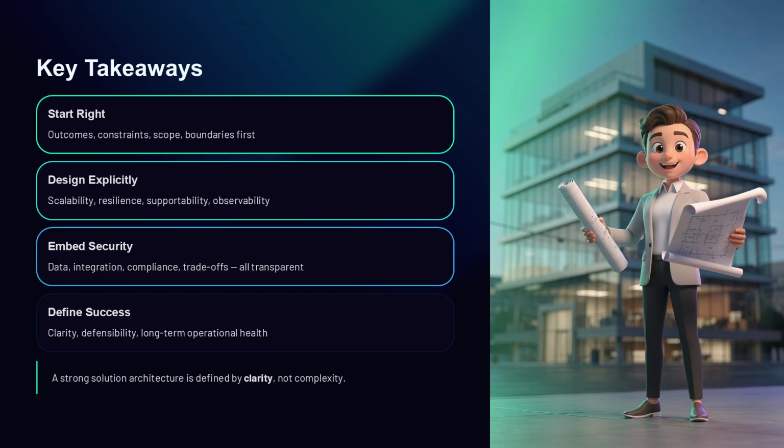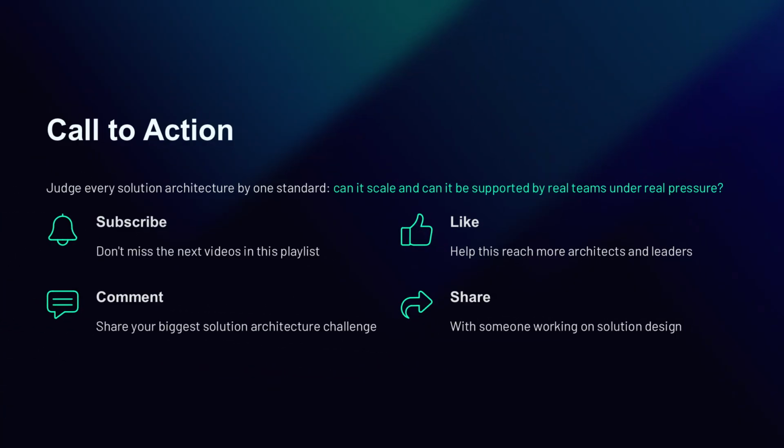A strong solution architecture is not defined by complexity. It is defined by clarity, defensibility, and long-term operational health. As you move into the next lecture, start judging solution architecture by one standard. Can it scale? And can it be supported by real teams under real pressure?